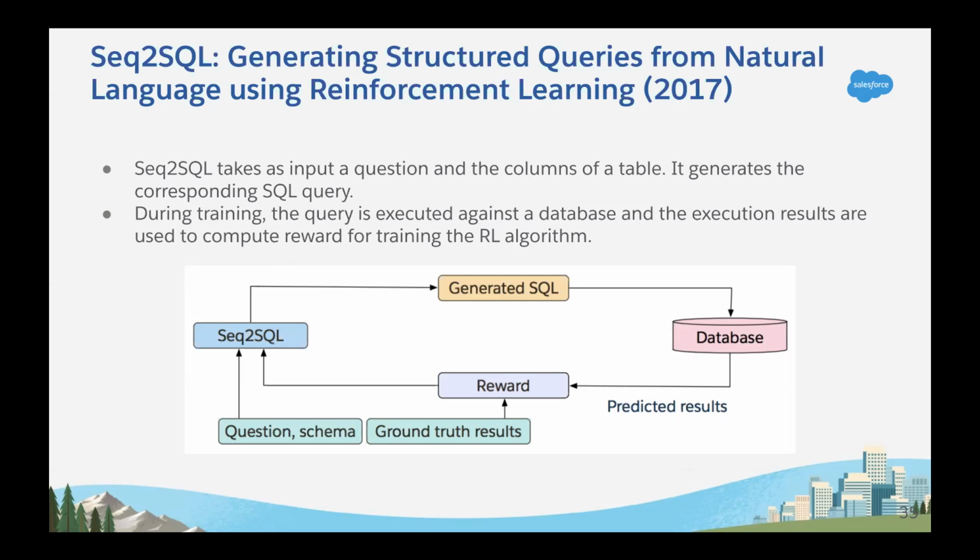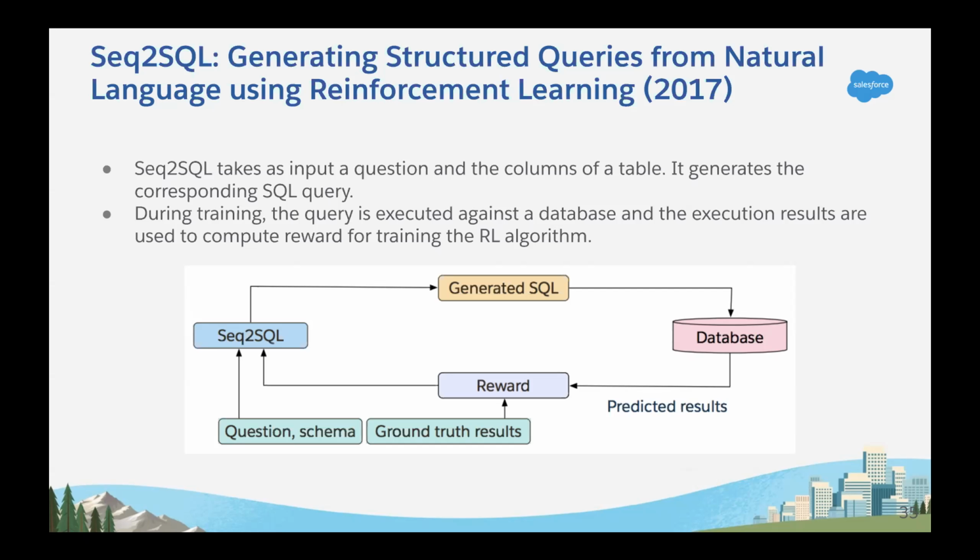Different from the teacher forcing algorithm, which stops at the generated SQL query and does back propagation, in Seq2SQL, during training, the generated SQL query will also be executed against the database, and the results will be matched with the ground truth results. If it matches, they give this query a positive reward, otherwise a negative one.